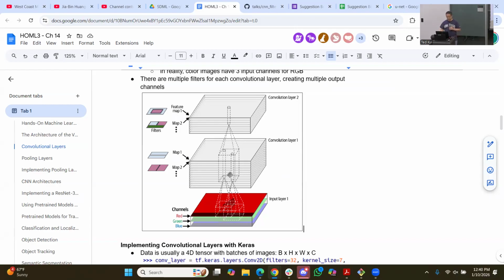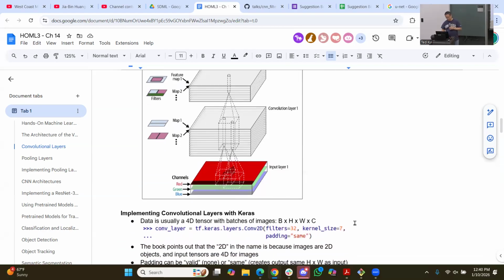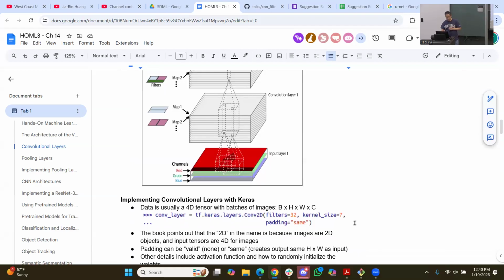And then the number of filters we have in a certain layer is the number of inputs for the next layer. One of the things that is very typical is, as we go deeper into our model, we're going to increase the number of outputs, the number of channels.